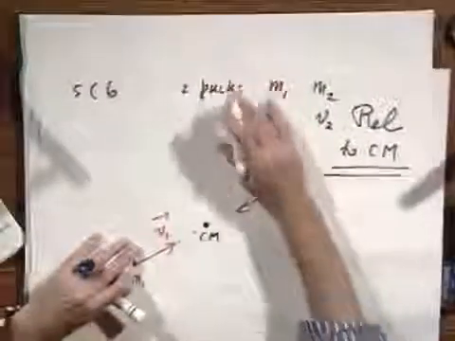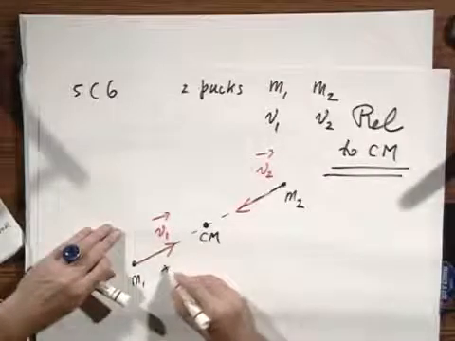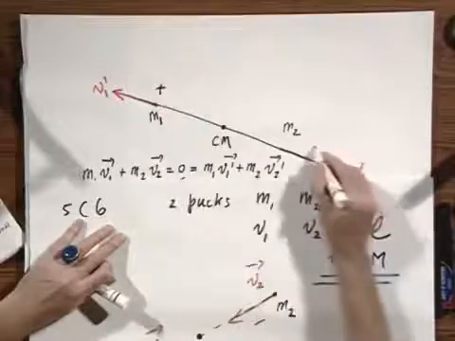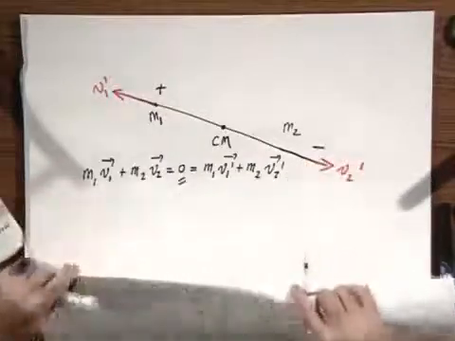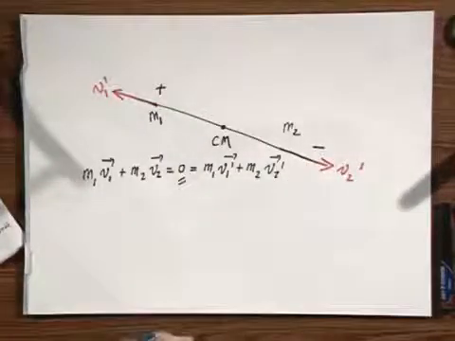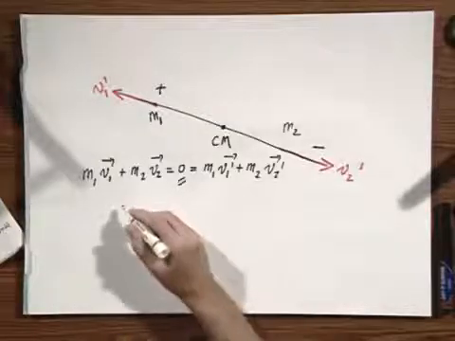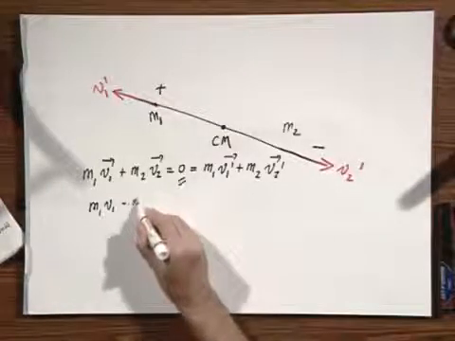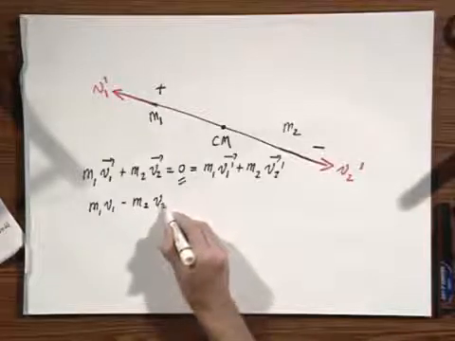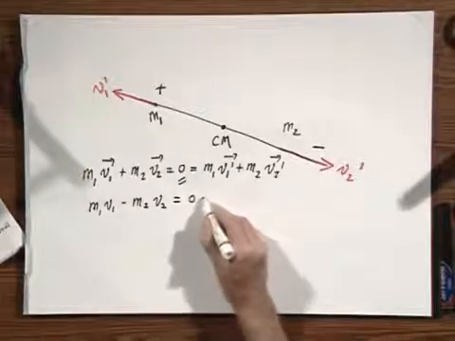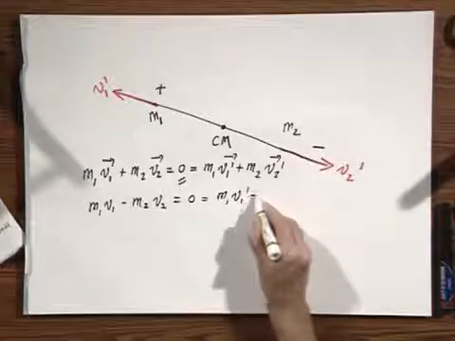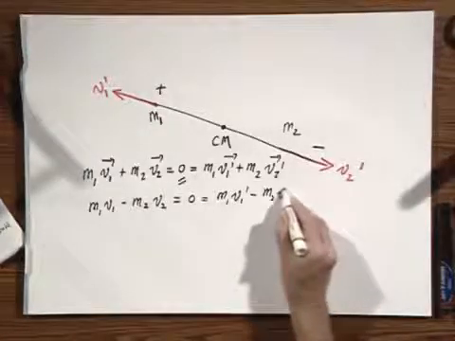I've done that before. I call this plus, I call this negative, and let me call this plus, and let me call this negative. And when I do that, I can rewrite this as M1 V1 minus M2 V2, that is 0, and that is M1 V1 prime minus M2 V2 prime.